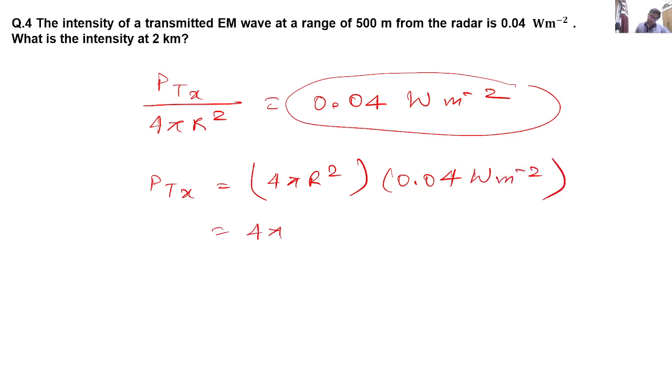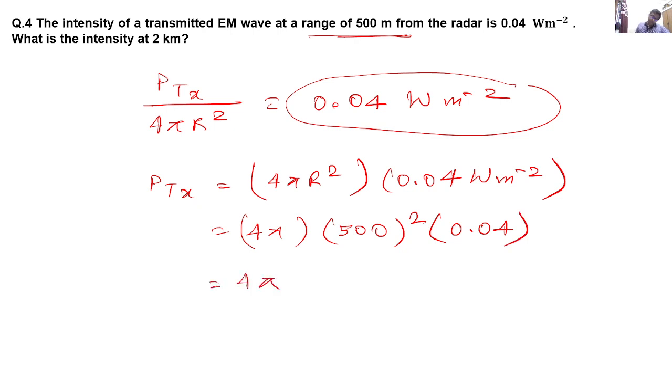R is 500 meters, so 500 square times 0.04 is equal to 4 pi into 10 power 4 watt per meter square. Now that is given, we know the intensity or the power at 500 meter.